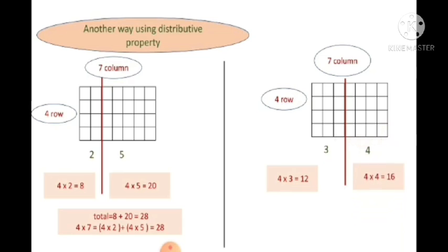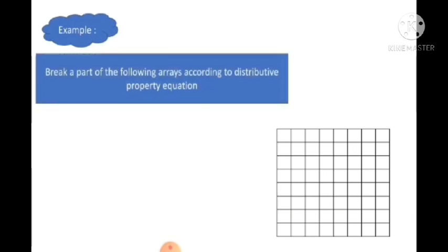Area of the second shape equals 4 rows times 4 columns equals 16. The total equals 12 plus 16 equals 28. The same result.